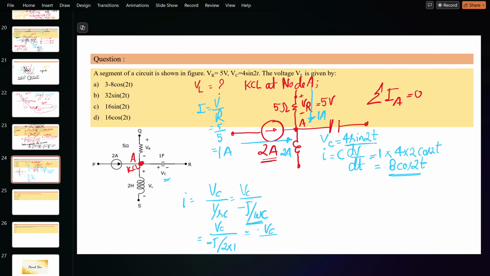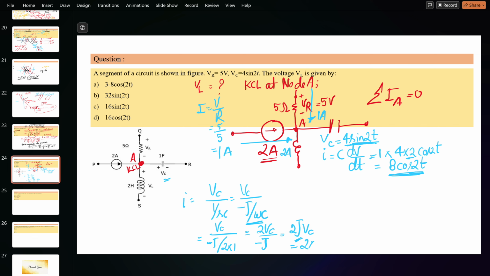So VC divided by minus j upon omega C, where the 2 already came into the picture above. Minus j means the angle is shifted by 90 degrees in the negative direction, and taking it to the upper side it becomes 2j VC. So it is shifted 90 degrees anti-clockwise, and multiplied by 2.